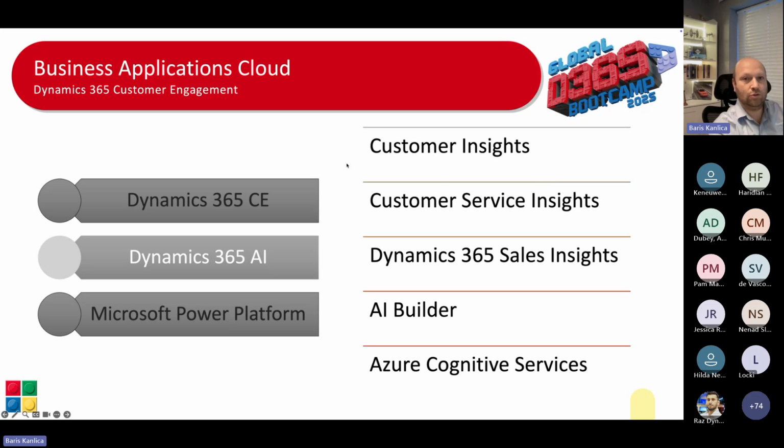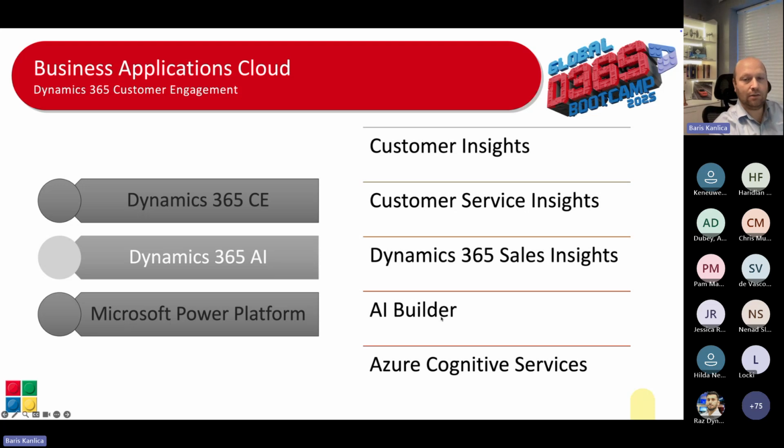The marketing solution name has already changed to Customer Insights. All these were existing solutions, but they will be deprecated and turn into Copilot solutions: Copilot for Sellers, Copilot for Customer Service, Copilot for Marketing, and so on.